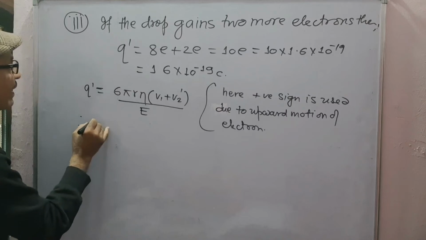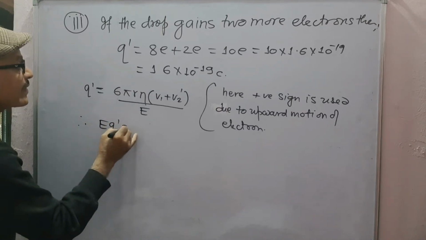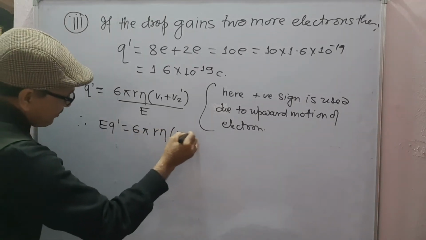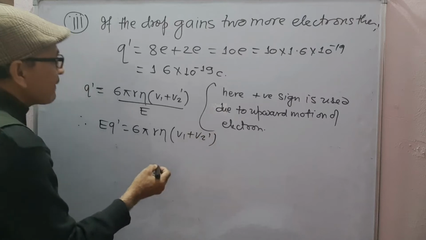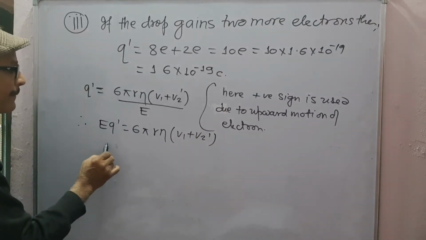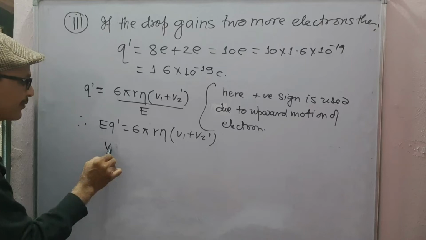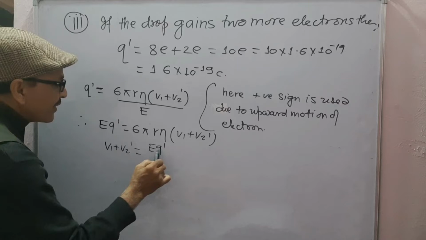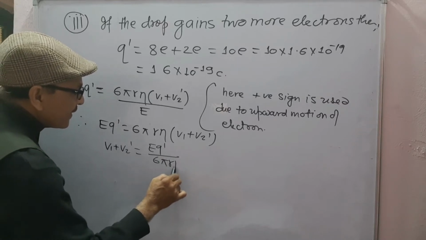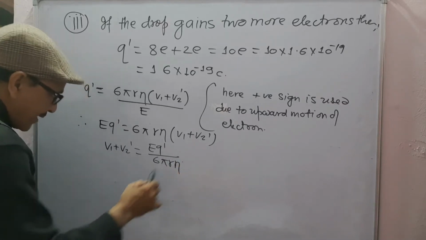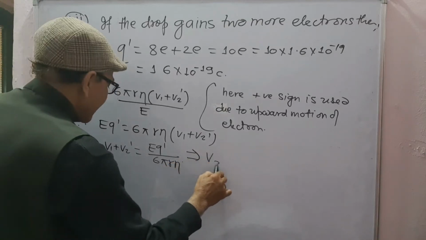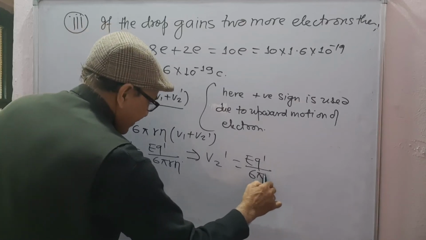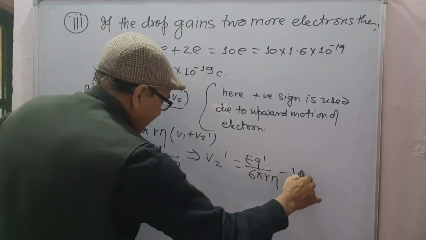Therefore E Q dash will be equal to 6 pi r eta (B1 plus B2 dash), or B1 plus B2 dash will be equal to E Q dash divided by 6 pi r eta, and therefore B2 dash will be equal to E Q dash upon 6 pi r eta minus B1.